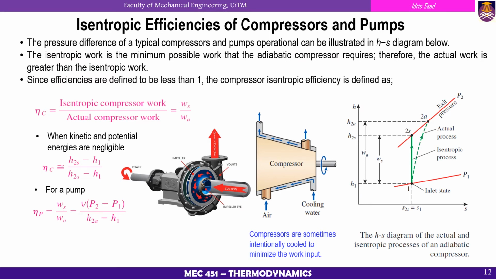Okay, the next devices that we should learn in this topic are the compressor and the pumps. Recall that the compressor is used to increase the pressure of a compressible fluid such as ideal gas, and the pump is used to increase the pressure of an incompressible fluid such as compressed liquid or water.